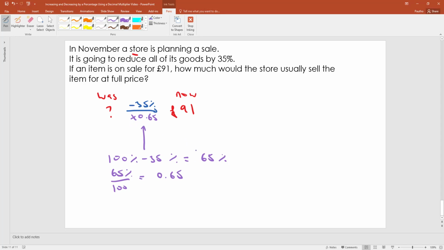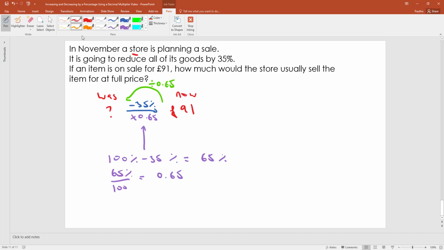They get the decimal real quick and they multiply by it to get the sale price. So now I'm looking at something times 0.65 is 91. And I hope you see that it should be fairly obvious. If I'm trying to work backwards and undo the multiplying, I would do the inverse operation, which is to divide. So to work backwards, I would have to do 91 divided by 0.65.